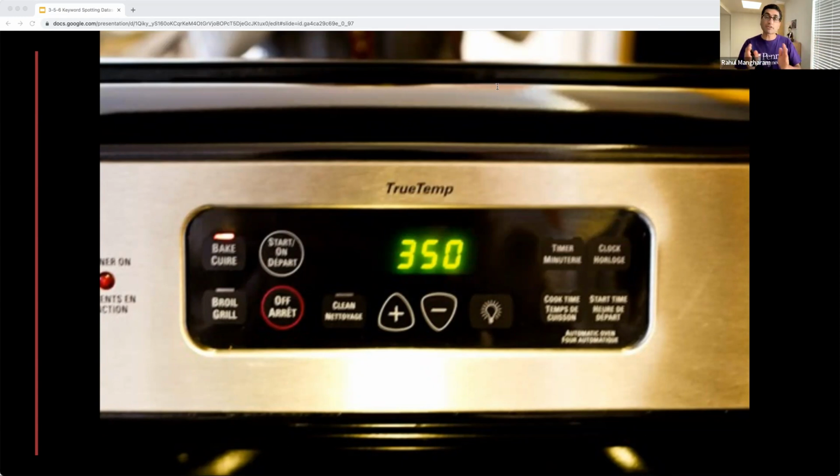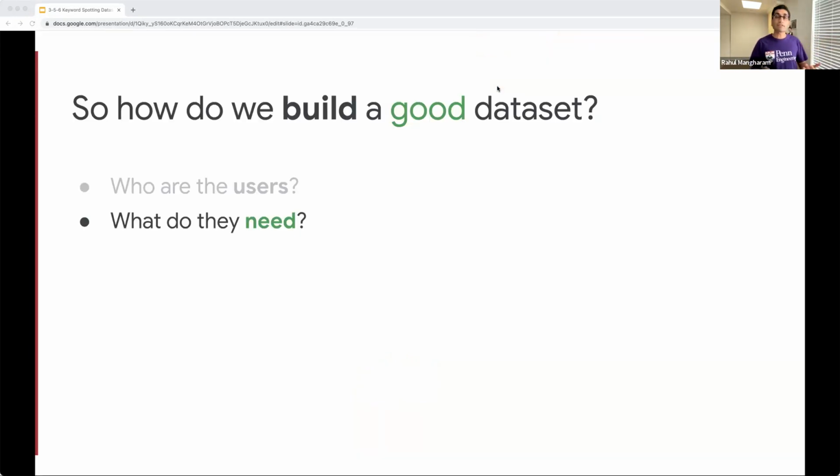And that's crucial because when we're building a data set, if we choose a wrong keyword, something that's not going to be differentiable from other words, that's going to get you in serious trouble later down the road. So you've got to think about these keywords.